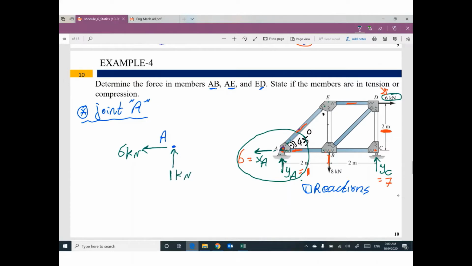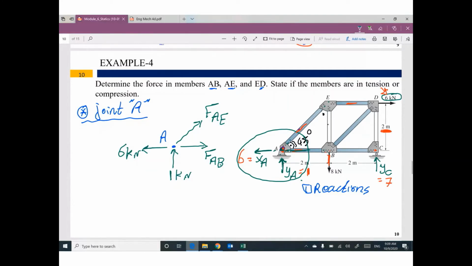We have horizontal member will have a force called FAB. We have another member called FAE. All of these intersect at joint A.